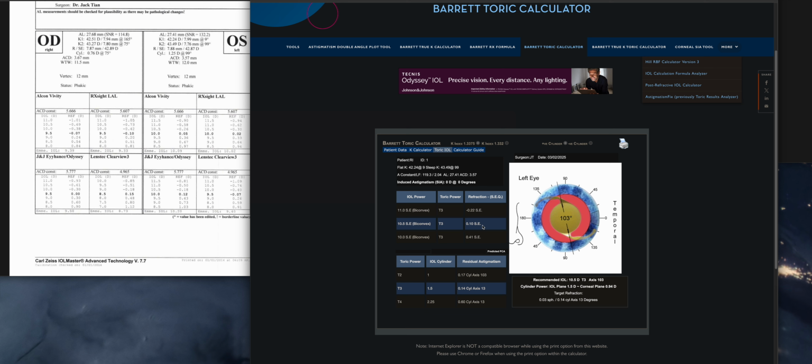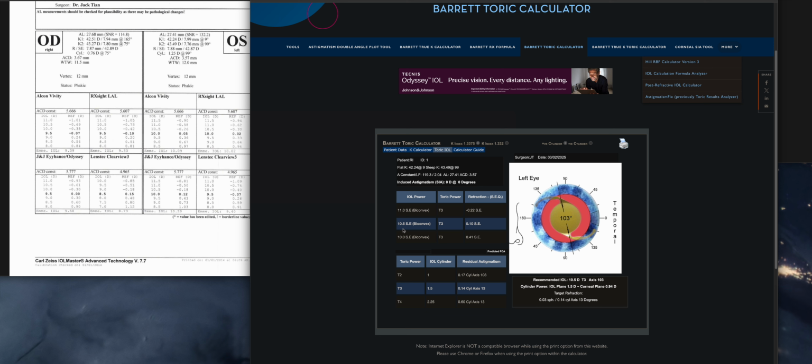IOL. Yeah, 10.5. So in this case, I'm going to pick the first minus, so minus 0.22. I think this will give a better result with the Odyssey lens. So we're going to use the 11 diopter actually in this case. And then you can see that there's not going to be a non-toric option here, obviously, using the toric at 1.5 diopters.